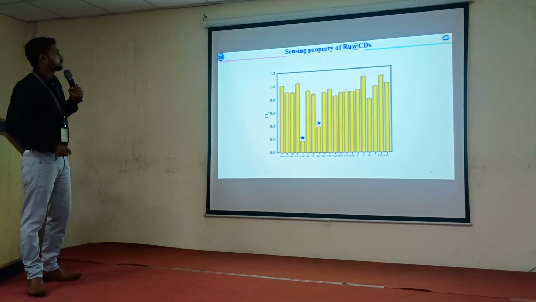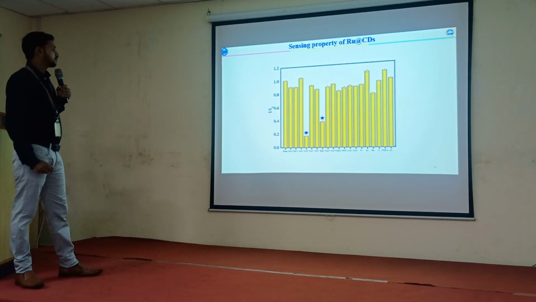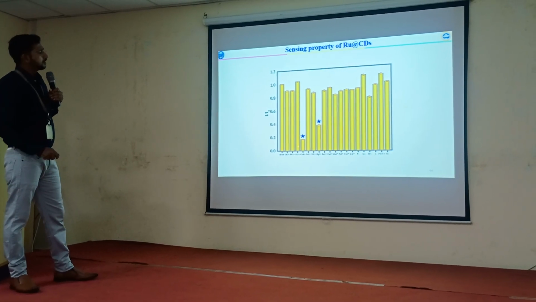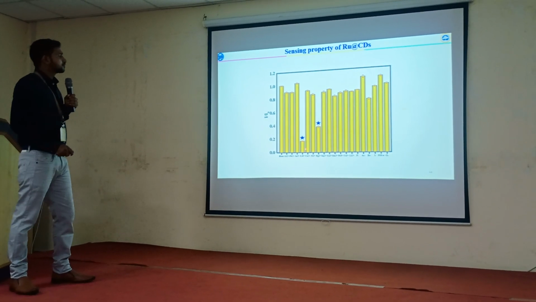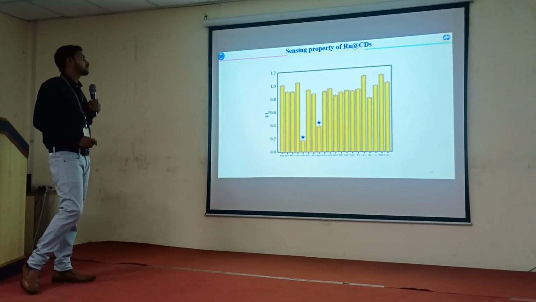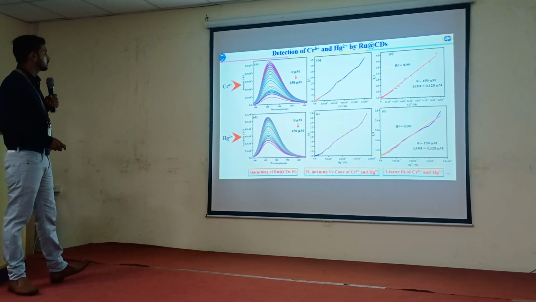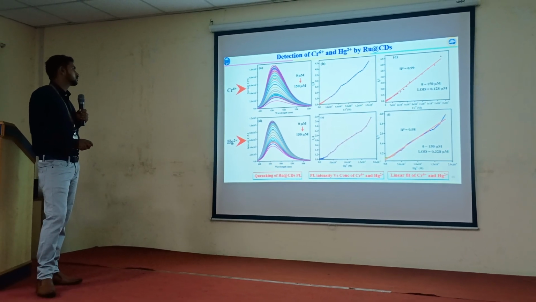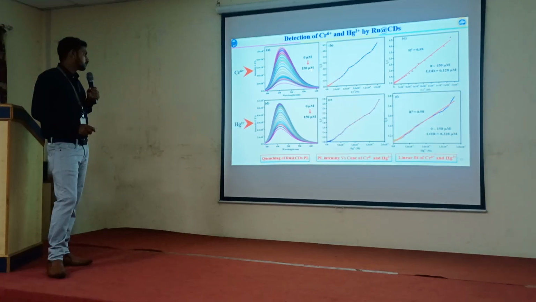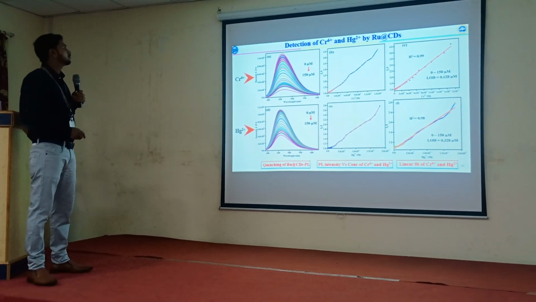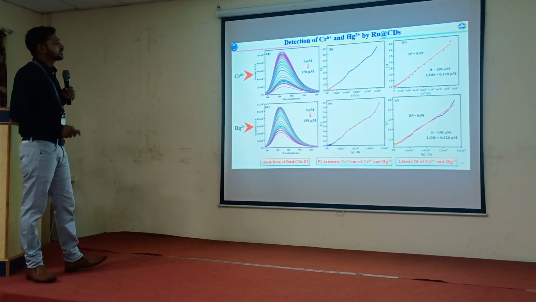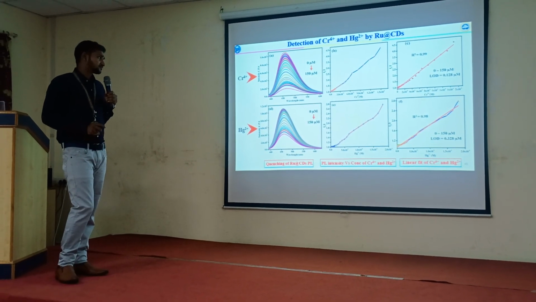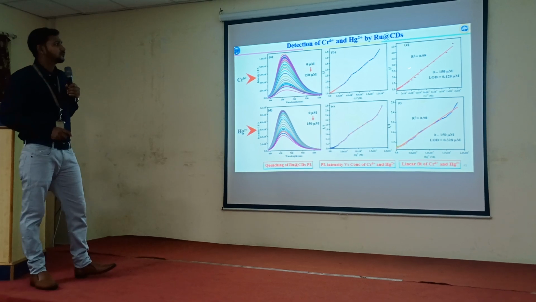And the sensing property of ruthenium carrying carbon dots was evaluated with different metal cations and anions. From the different metal cations and anions checked, chromium 6+ and mercury 2+ are selectively detected by the ruthenium carrying carbon dots, and this was further evaluated. Figures A and D represent the quenching plots of ruthenium carrying carbon dots with 0 to 150 micromolar addition of chromium and mercury, and figure C represents the linear fit plot of ruthenium carrying carbon dots used to detect chromium ions with an R² value of 0.99.